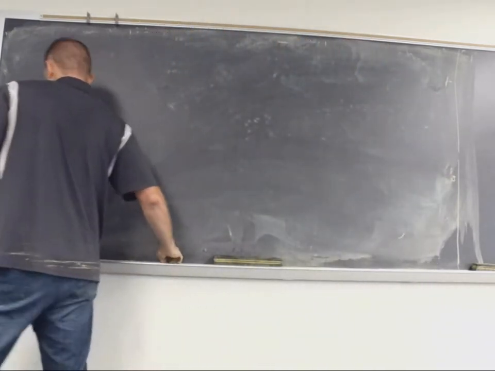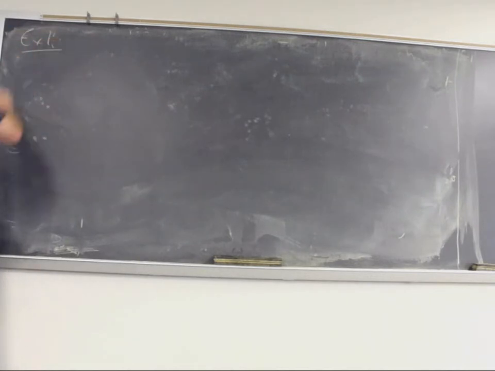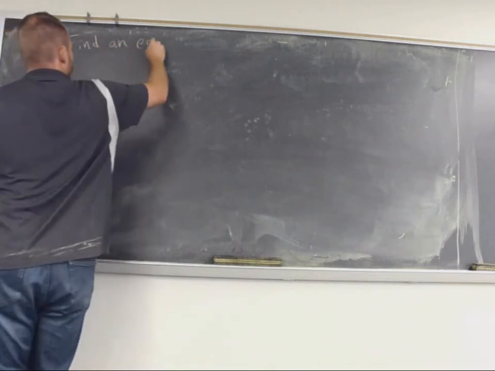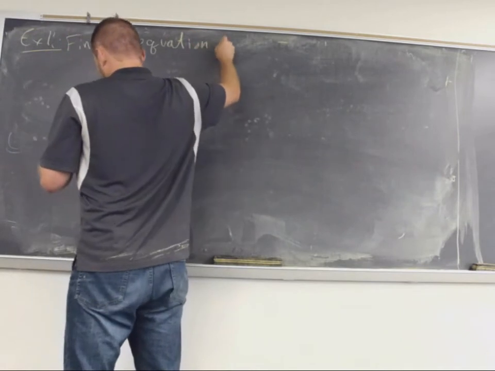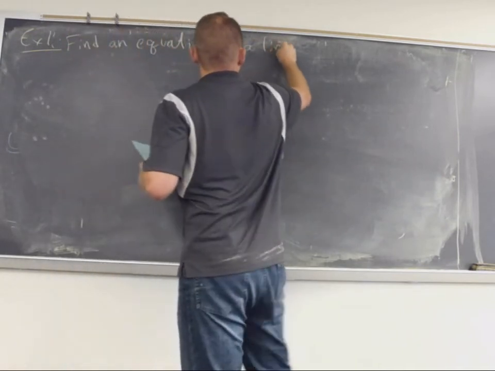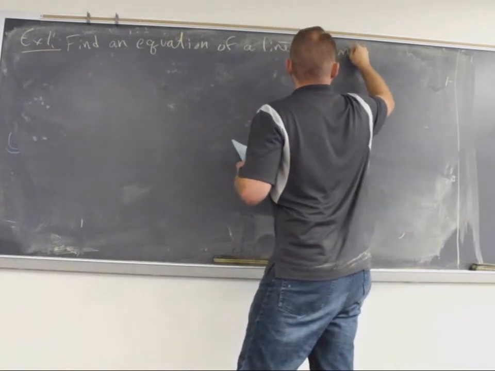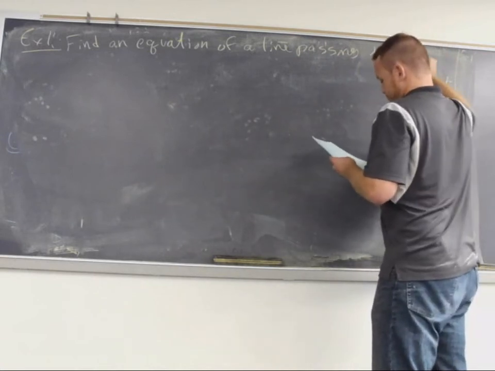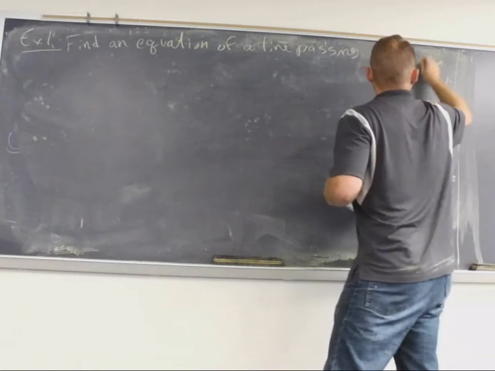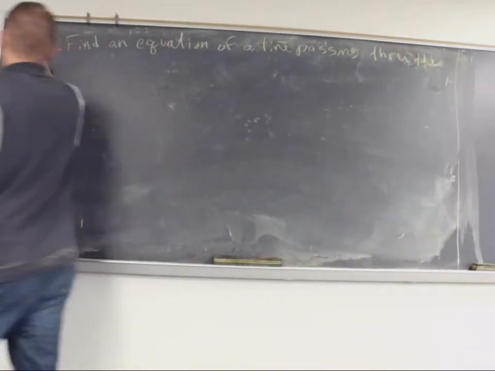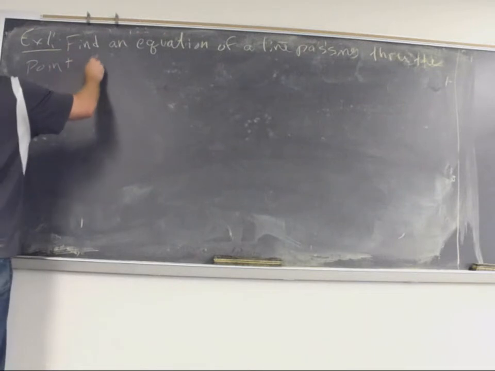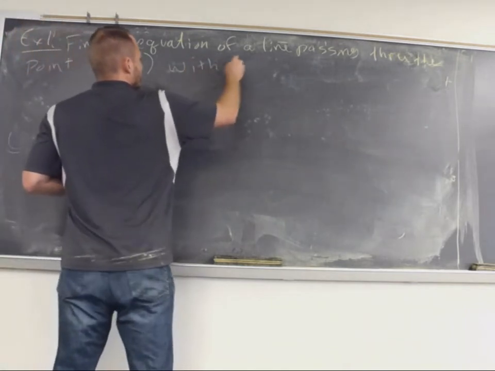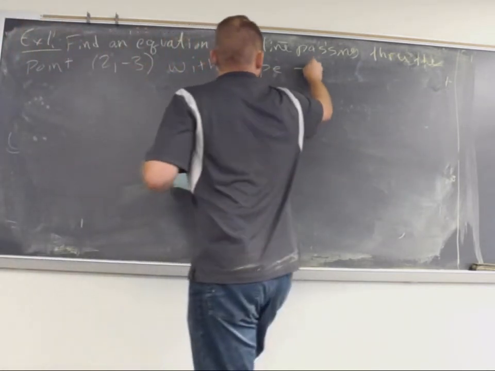All right, so let's look at an example now. Example 1. Find an equation of a line passing through the point (2, -3) with slope -4.